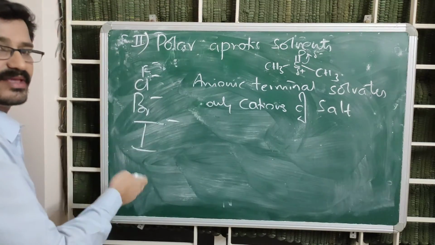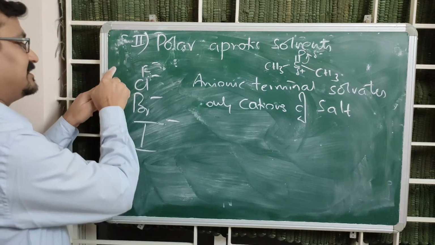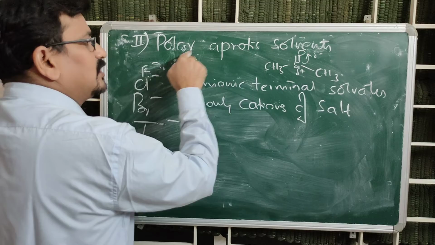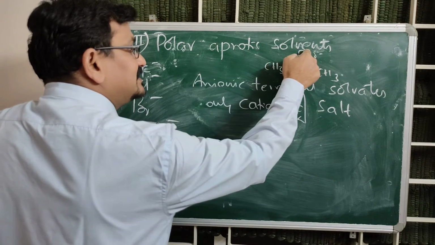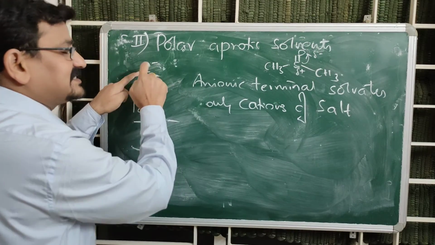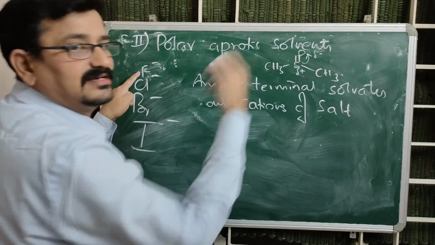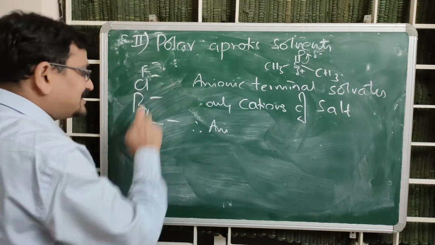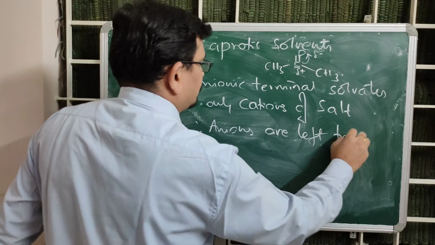Salt means this one. I am repeating: these are taken in the form of salts, containing cation and anion. When taken in the presence of polar aprotic solvents, only the cation will be surrounded by the anionic terminal because it is set free. But the anions cannot be successfully surrounded by the positive terminal because it is sterically hindered. Therefore, these anions are left free.